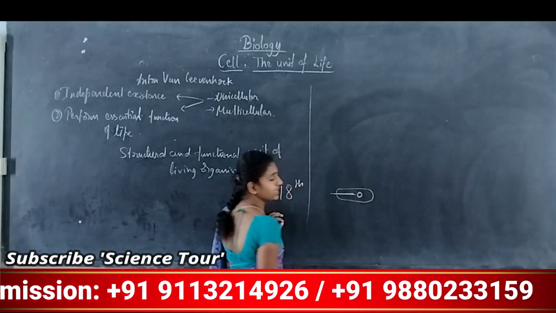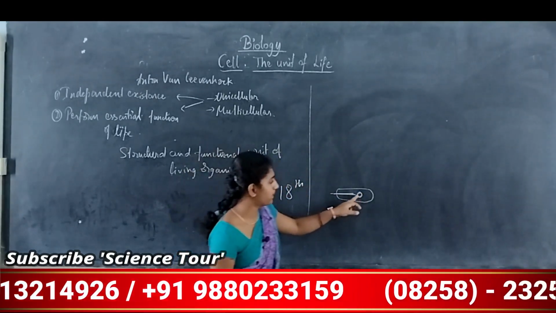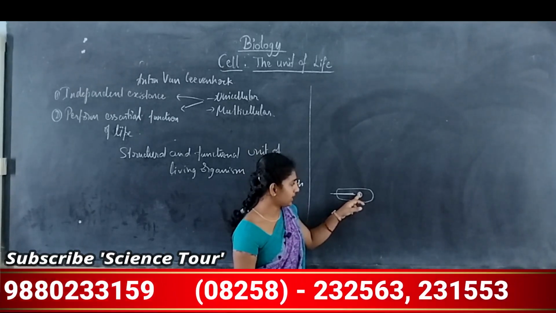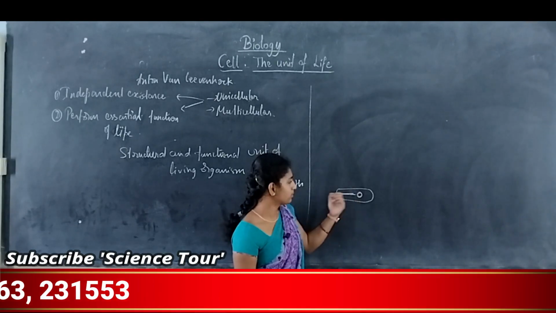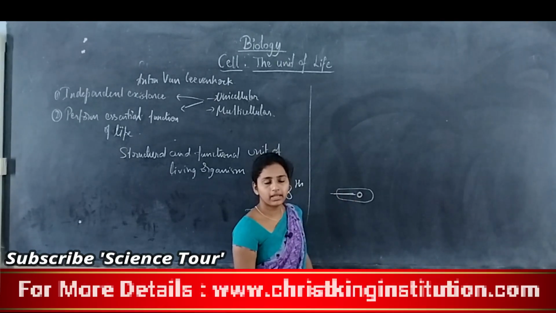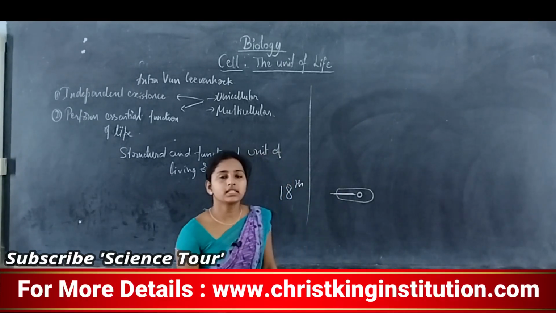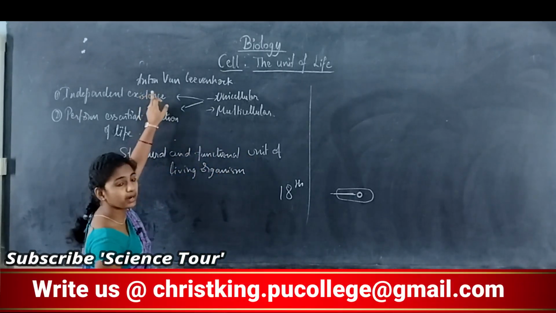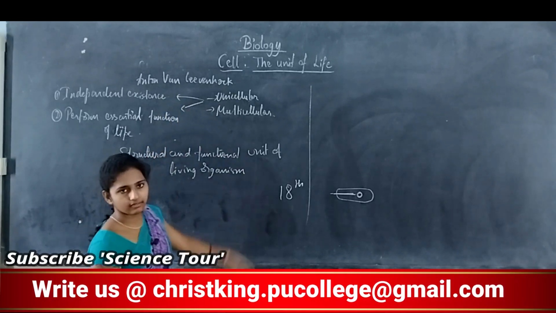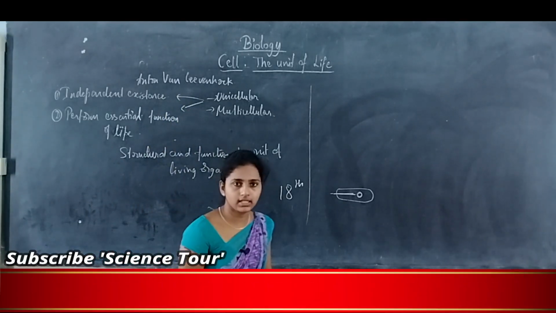He placed the organism in this and observed it through the lens. By this he discovered the cells. Who first discovered the cell? Antony van Leeuwenhoek, who first discovered the cell.